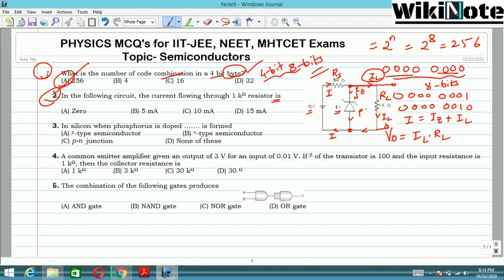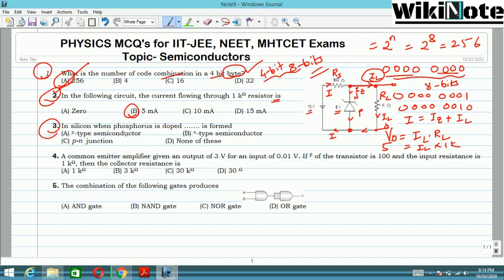So output voltage is fixed, that is 5 volt, because whatever voltage is across this, the same voltage will be present across this branch, so that will be 5 volt. Load current, which I don't know, but I know the load resistance value, which is 1 kilo ohm. So simple answer is 5 milliampere. 1 kilo ohm will come here, and this is 10 raised to minus 3, so 5 milliampere.